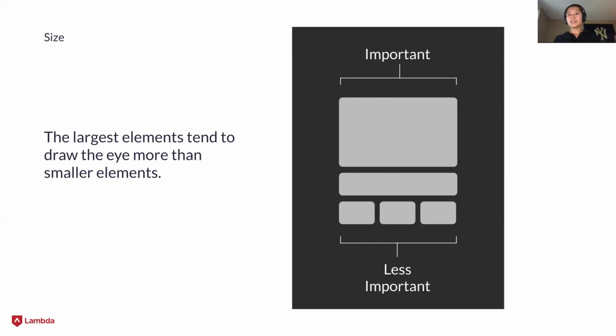And yes, that will draw attention, but that is going to break the cohesiveness of what you're creating. So there's a fine balance between size and making sure that you're intentionally guiding the user to what they want to see. So just because size is important does not mean we need to make everything big. Again, we need to be very intentional with our design.